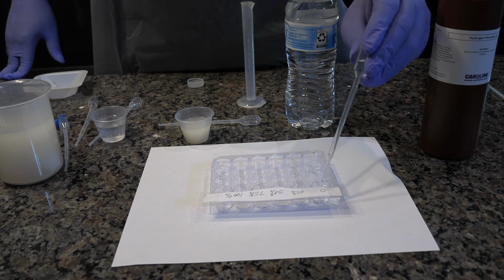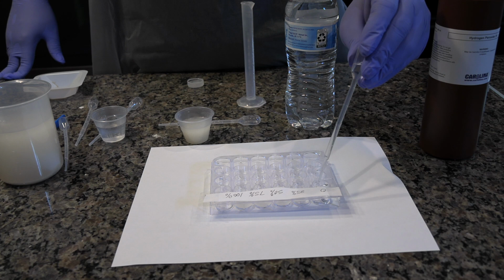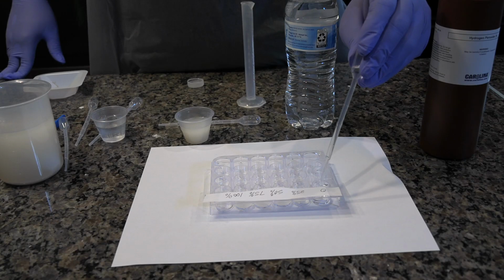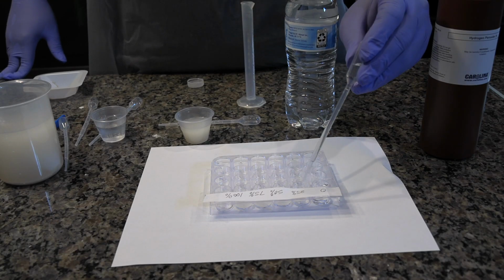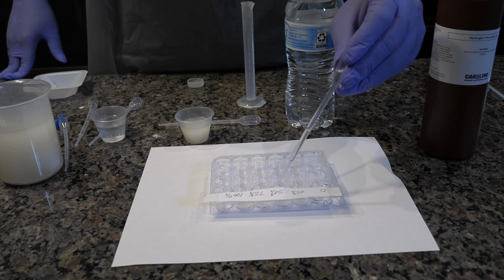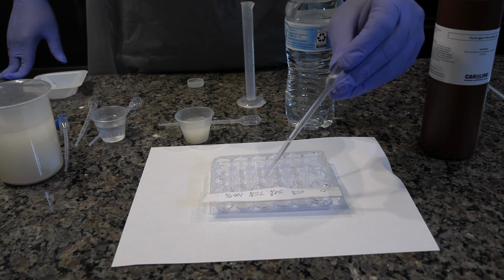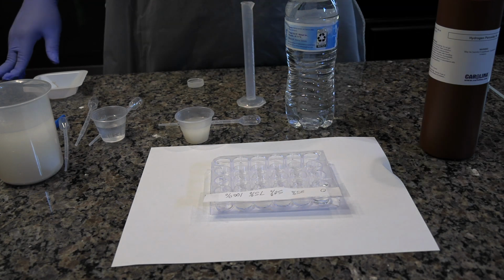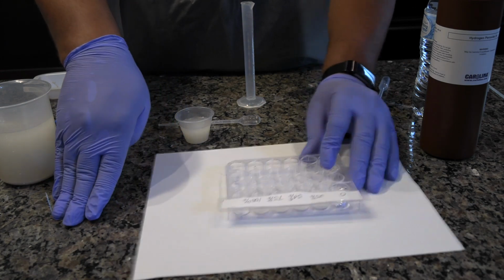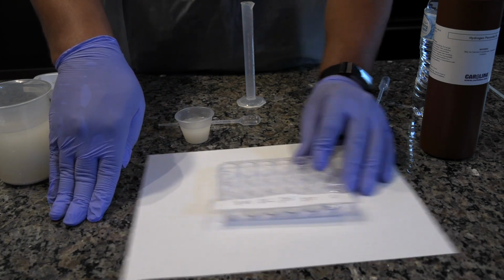Take the pipette labeled water and add enough drops to attain a final volume of 20 drops per well, as shown in the table. Gently swirl the well plate to mix the contents.